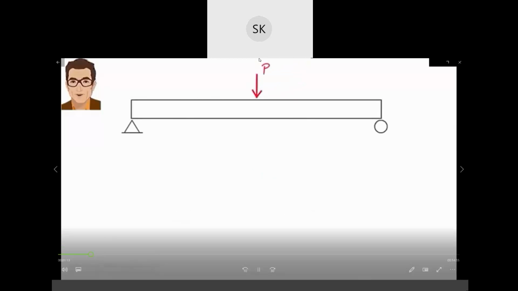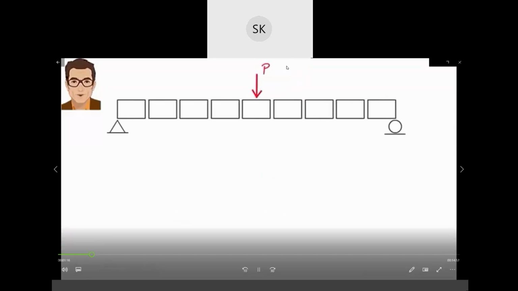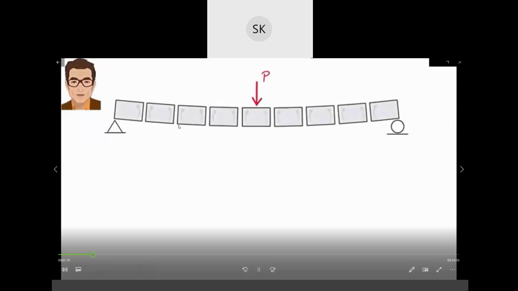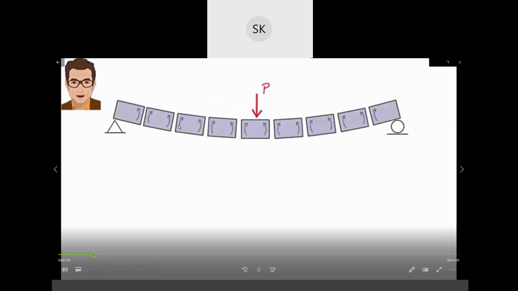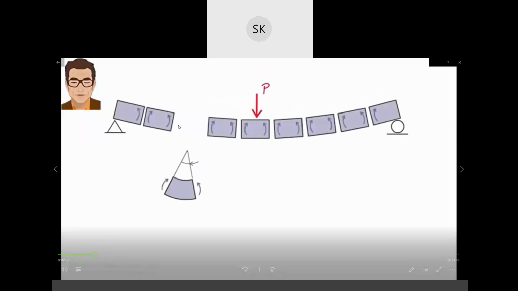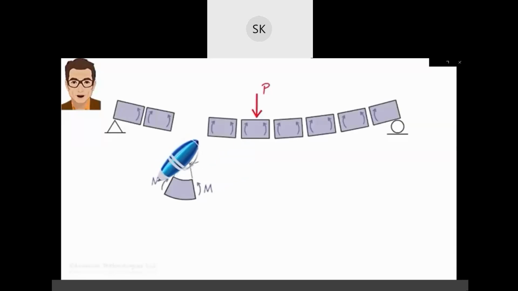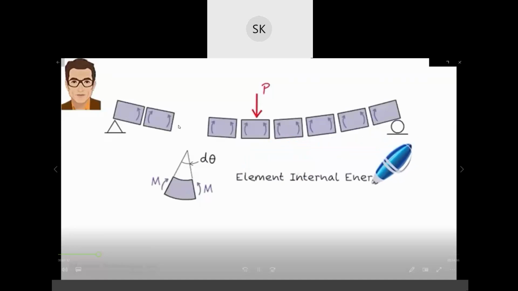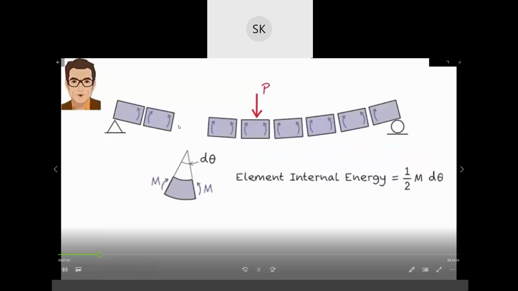Imagine the beam is divided into small elements, each carrying an internal bending moment like this. Each element undergoes a small amount of deformation caused by the internal bending moment. Let's refer to this deformation as d theta. We can write the internal energy stored in the element as 1/2 m times d theta.